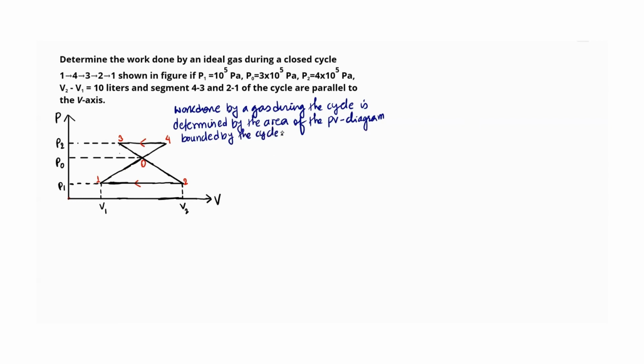Since we have a PV diagram, in order to determine the work done during a closed cycle, we need to determine the area of the PV diagram bounded by the cycle.